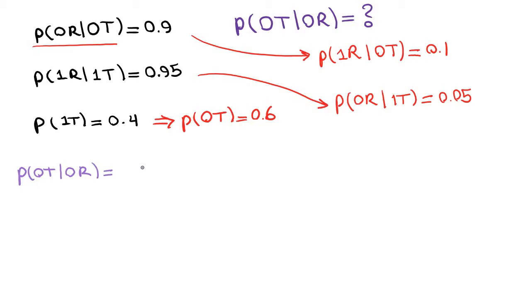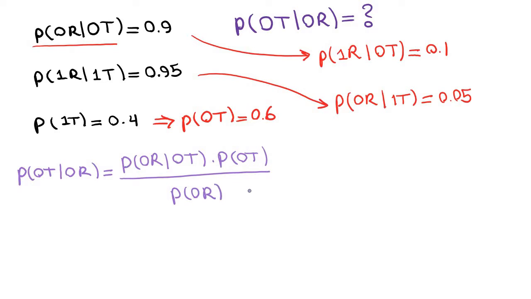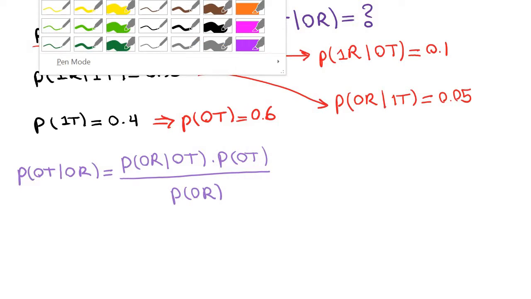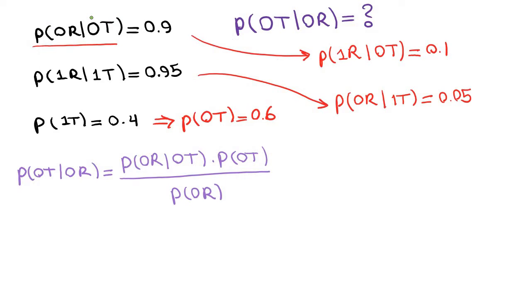According to the Bayes theorem, this probability equals probability of 0r given 0t times probability of 0t divided by probability of 0r. Now let's see what we have from this formula.